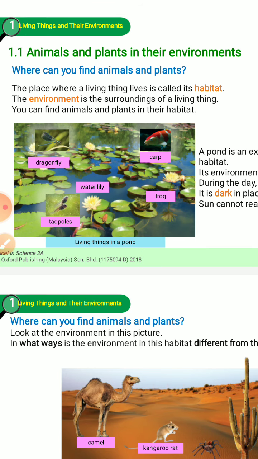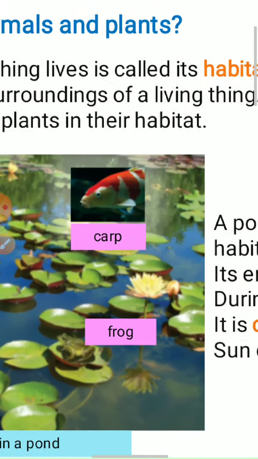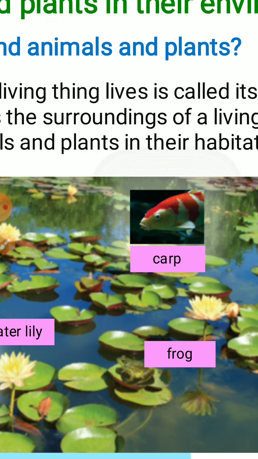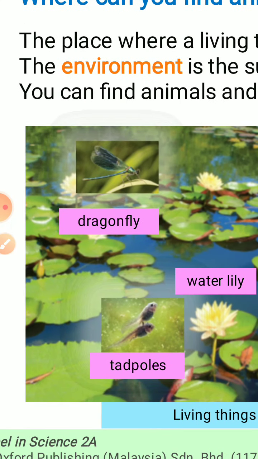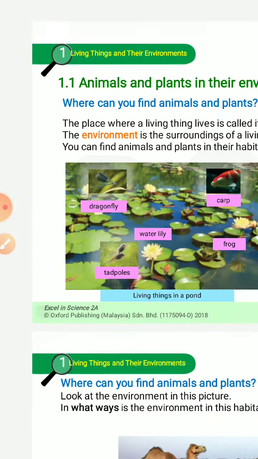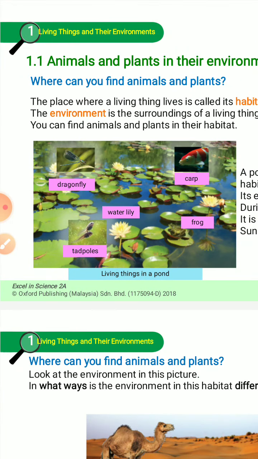A carp, for example, must live in fresh water, not in salty water. The dragonfly flies in the air, and goes to the water lily to get food, and the tadpoles are in the water. So, all of you understand about the habitat and environment.